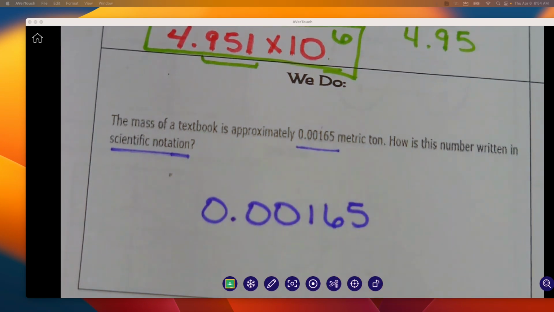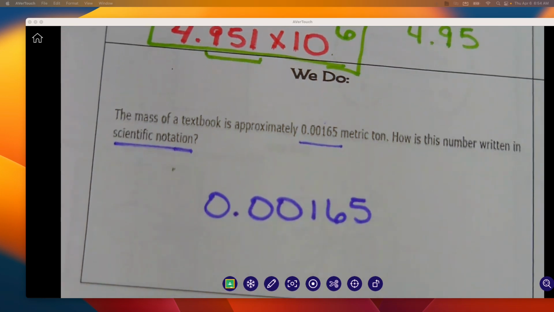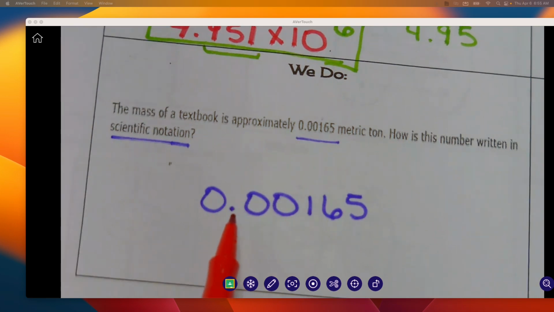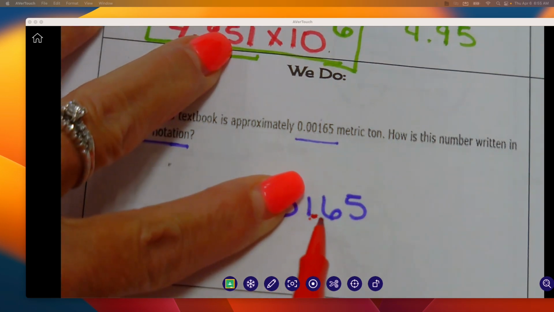So it matches. If you notice, this number here already has a decimal point. This number here is not between 1 and 10. So what I need to do is move this decimal point so that it is between 1 and 10. No, no, no. So I have 1.65.